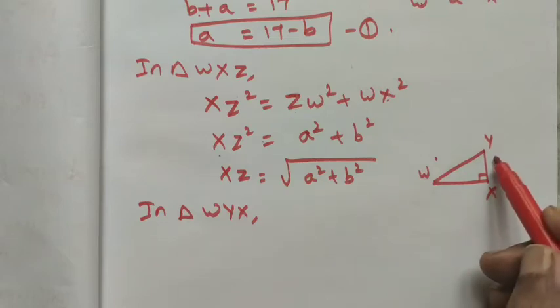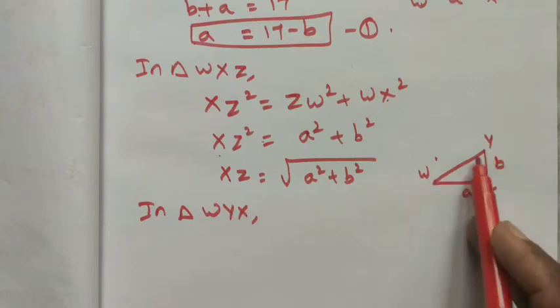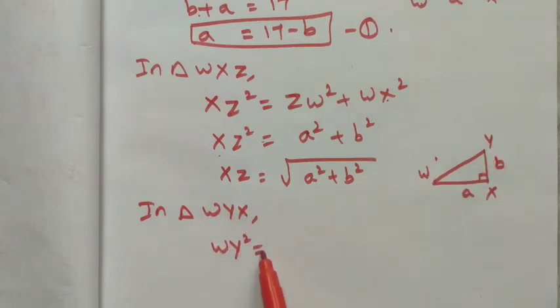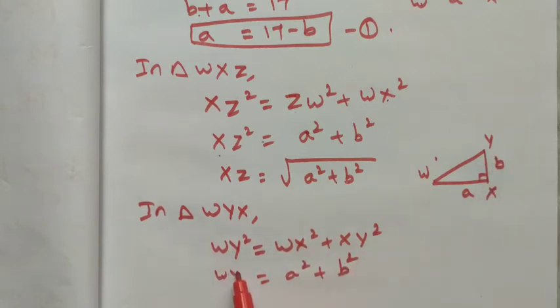This is B, this is A, right? So the longest side WY square is equal to WX square plus XY square. So WX is A square plus XY is B square. We want to find out only WY, so we take root of A square plus B square.